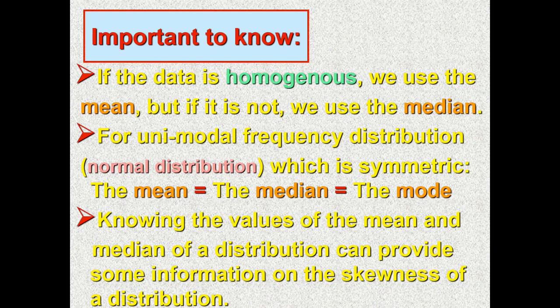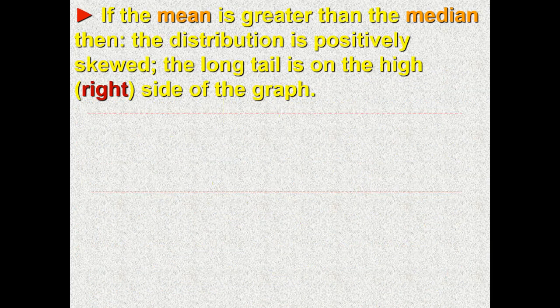Knowing the values of the mean and median of a distribution can provide some information about the skewness of a distribution. If the mean is greater than the median, this is important, then the distribution is positively skewed.